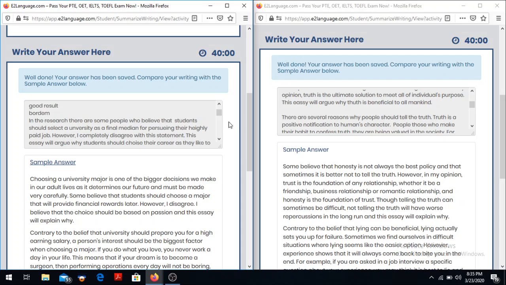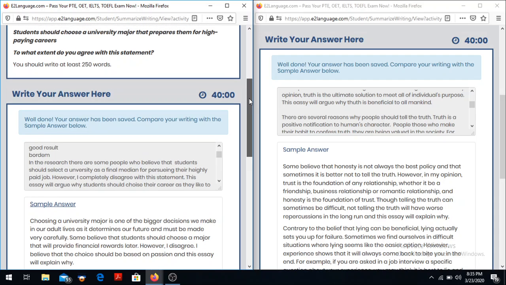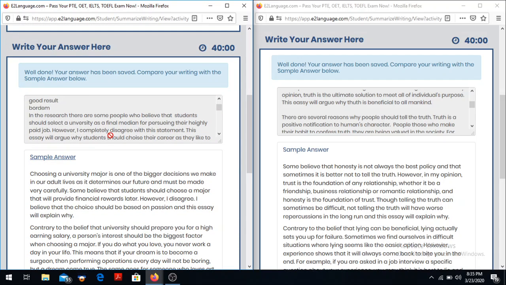So it is basically not writing the general statement straight away, we are going for a synonym of the question statement. However, I completely disagree. Here I wrote I completely disagree, because the question is to what extent do you agree? So you should write completely or partially or fully. I completely disagree with this statement.